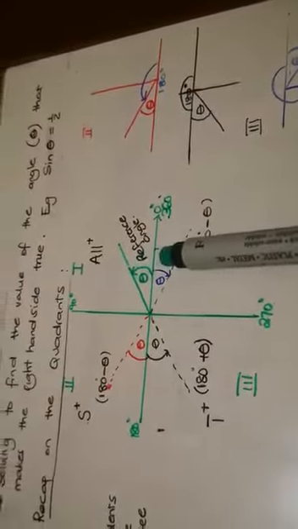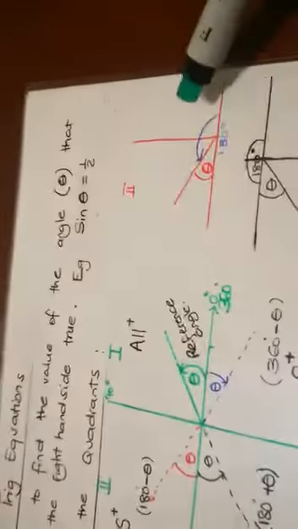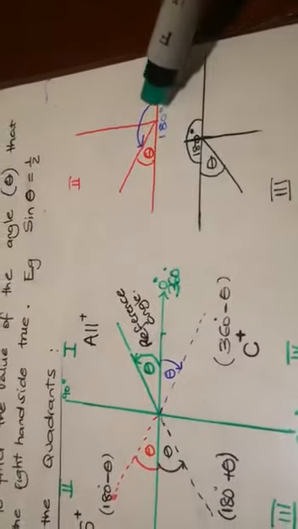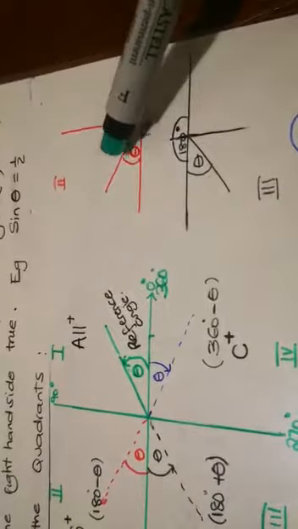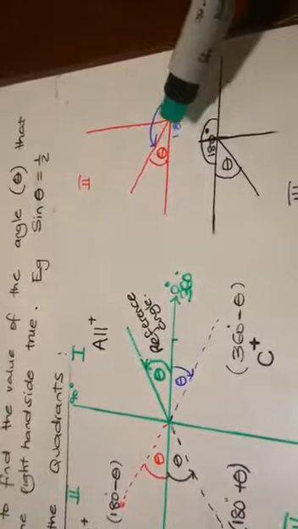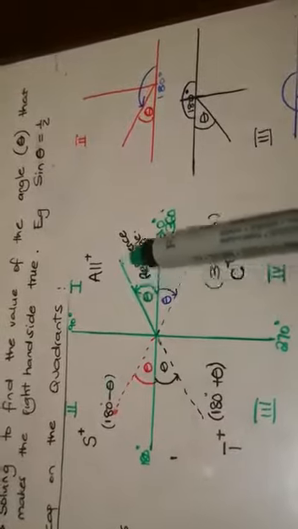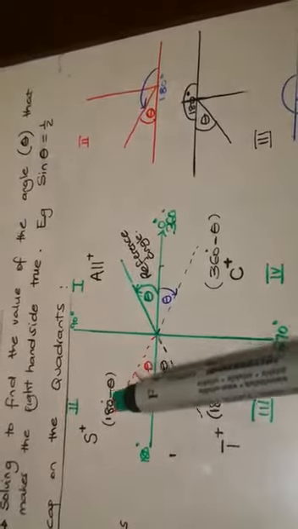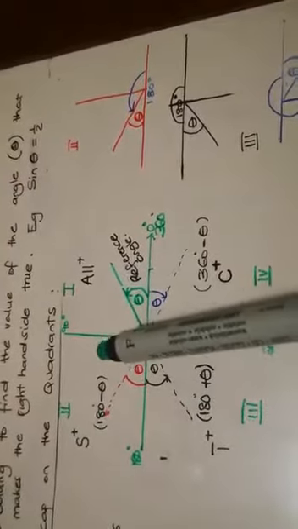To find a value in the second quadrant, if this is theta here and the whole line is 180 degrees, then to find this angle marked in blue, which is an obtuse angle, I would have to say 180 minus theta. That theta is the one in the first quadrant, which we just reflected to the second quadrant.